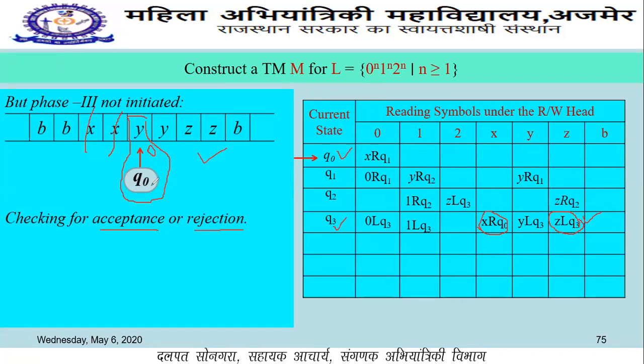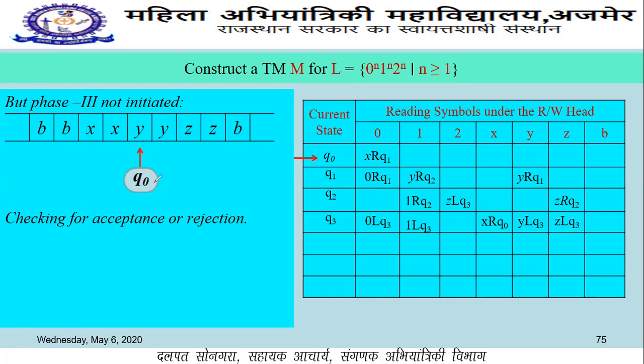Once we read y at q0, we take another turn for acceptance and rejection. When we read y at q0, that y is replaced by y again, and we take the right turn.